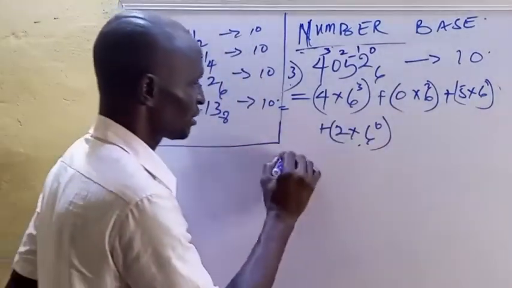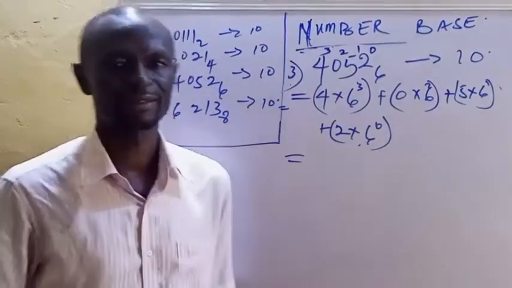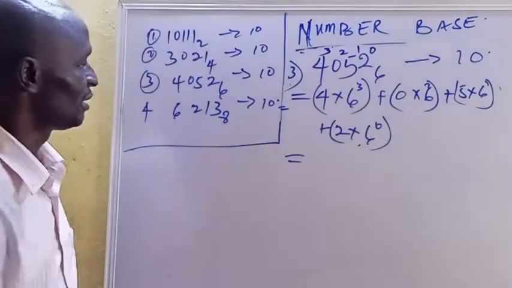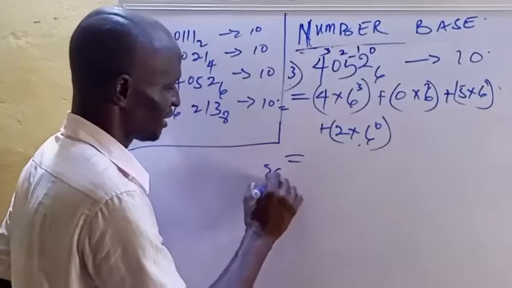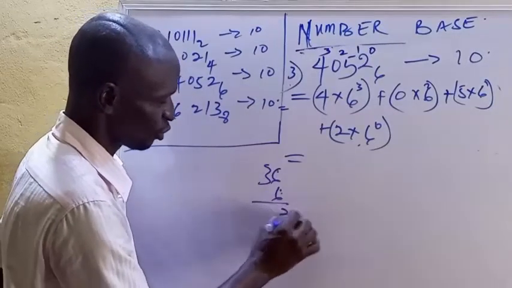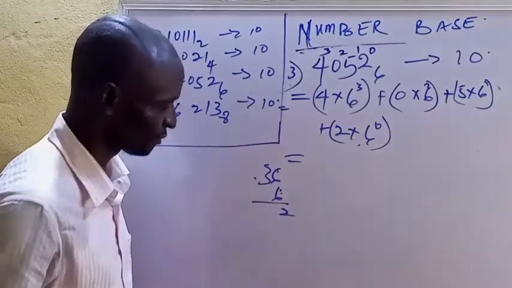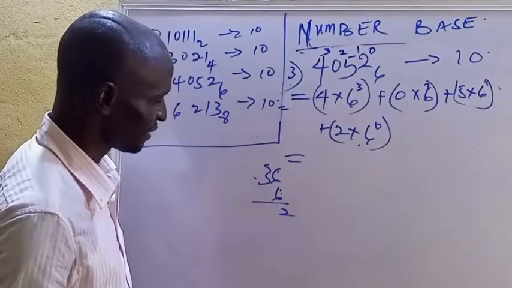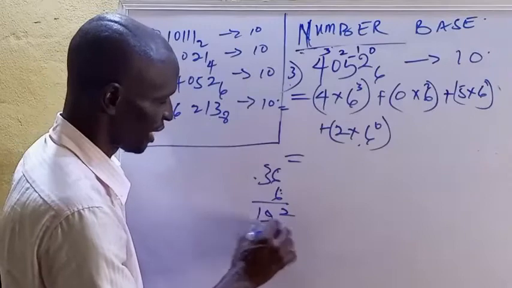Now it becomes 6 times 6 is 36. 36 times 6, that becomes 6 times 6 is 36, 6 times 3, that's 18, 18 plus 1, that's 192 again.